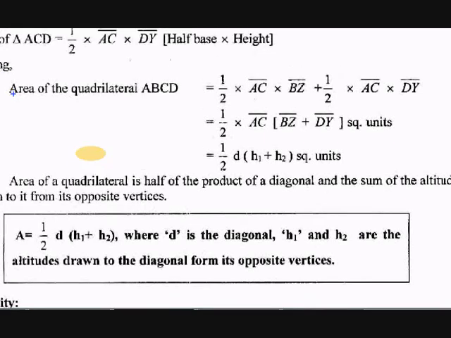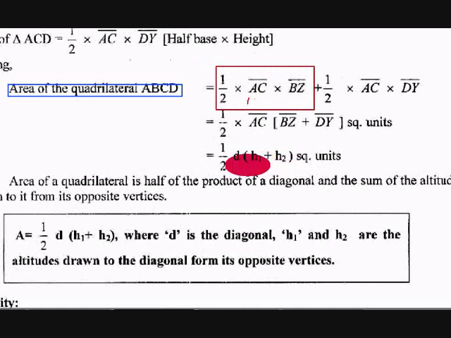As we talked, hence the area of this quadrilateral ABCD is the sum of two triangles. This is the base, this is the height we saw, H1. This is the base, this is H2, right? So in a way we can write half into AC into, add these two heights.